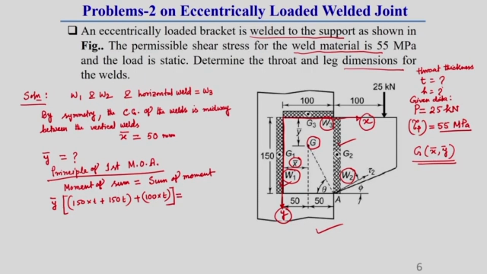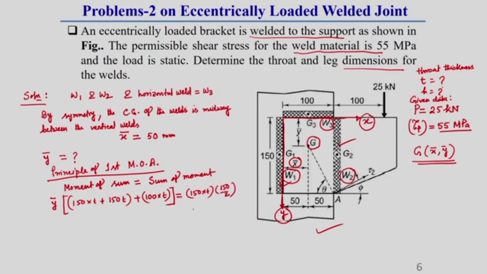Sum of moments means individually we will find out the moment of each weld with respect to this x axis. You see, with respect to this x axis, the first weld moment will be the first weld area, 150 into T, times the distance of its CG from this x axis, which is 150 by 2.